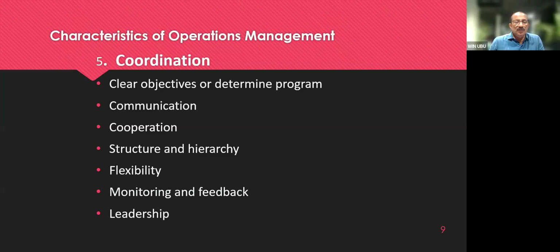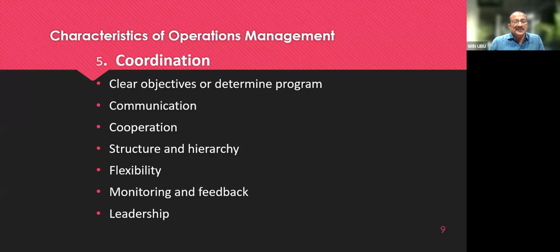Or if anybody feels weak in communication, there are a lot of platforms available to improve communication to be effective in operations.